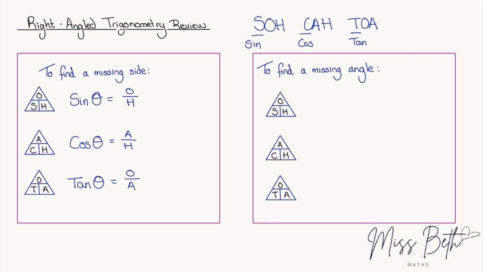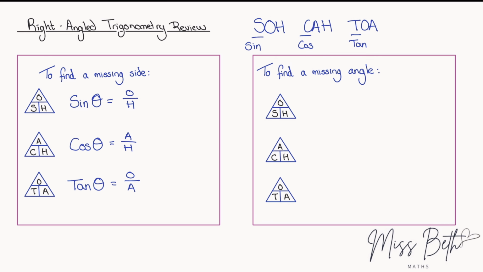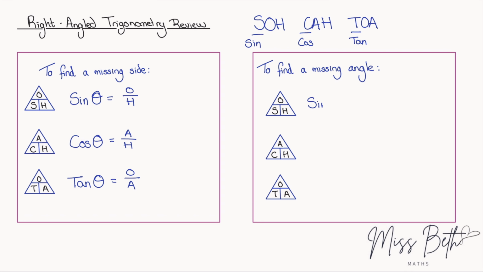So when you look at your calculator, or if you're using Desmos, you will need to find the inverse ratio. So for sine, it's going to be sine with a little -1, and then within the brackets, you would put the opposite over the hypotenuse, and that will equal theta, which is the angle.